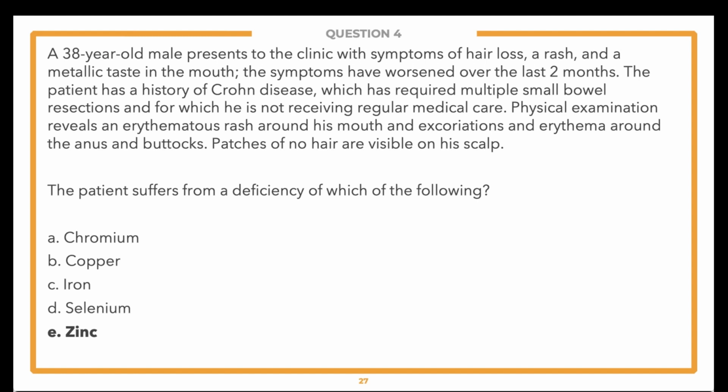So what do you got? You already have the diagnosis of Crohn's disease, right? And they've got symptoms of alopecia, perianal and perioral dermatitis, and dysgeusia, and the history of severe Crohn's disease. And all of this can lead to malabsorption and zinc deficiency.